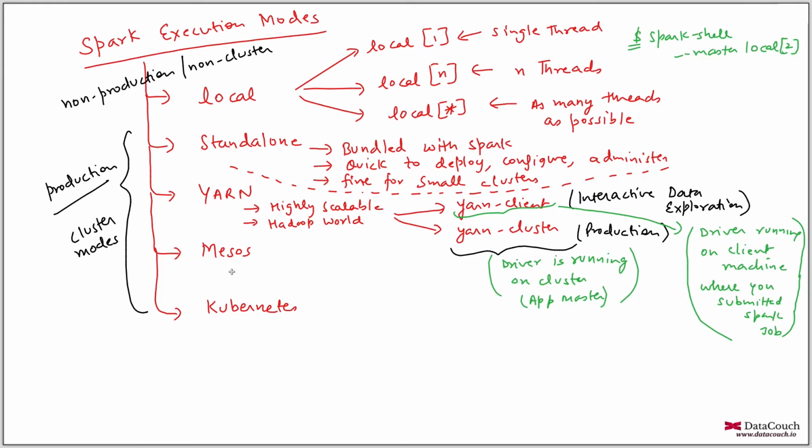Now Mesos mode. Mesos mode is basically a data center operating system, or you can say resource manager, and there are a lot of distributions available, like Mesosphere also provides a distribution, and it is beyond Hadoop. So if you are not coming from Hadoop world, then you can use Mesos. Even when Spark was created in University of Berkeley in 2008, during that time also Mesos was used for running Spark.